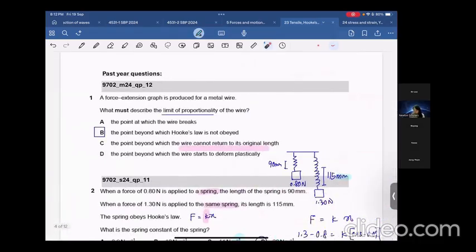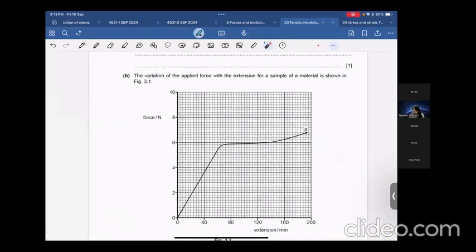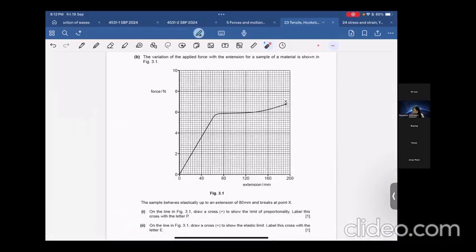Dear, before I guide you, can you try first? The variation of the applied force with the extension, force against extension. The sample behaves elastically up to an extension of 80 mm, and it will break at point X. The question wants you to draw a cross to show the limit of proportionality.